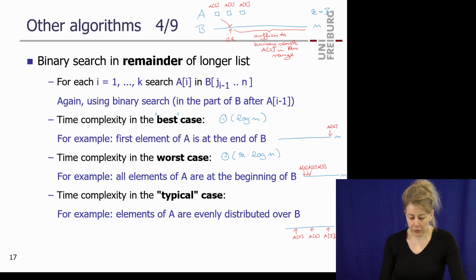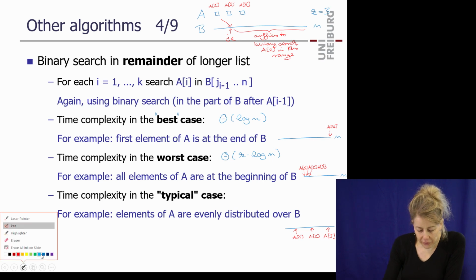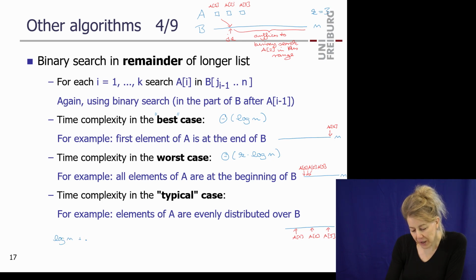So now, I mean, we could write it. It's actually not so easy, right? Let's start. The first one is log n. Now the second one is log of n minus, if there are n over k, so it's searching in a little bit less.